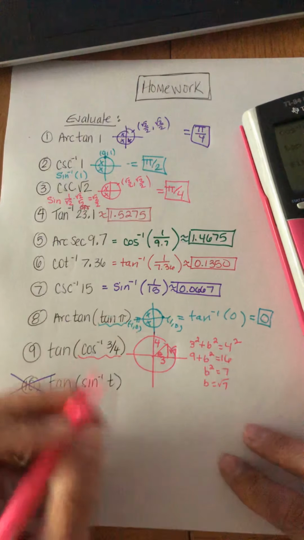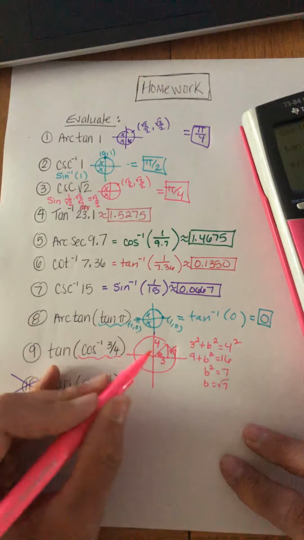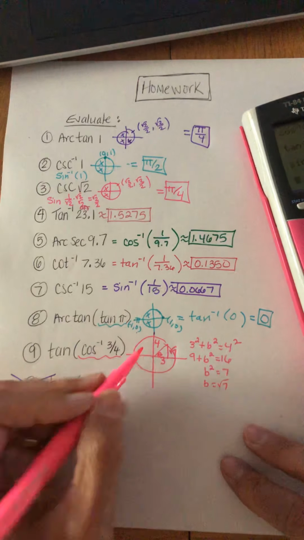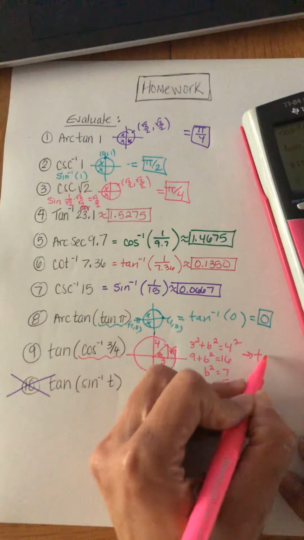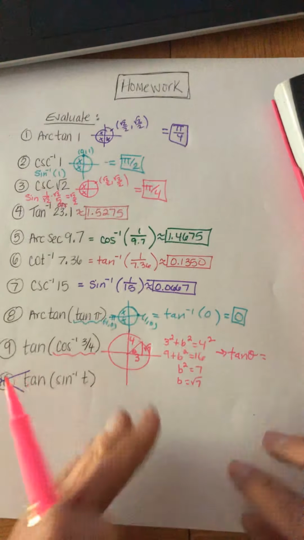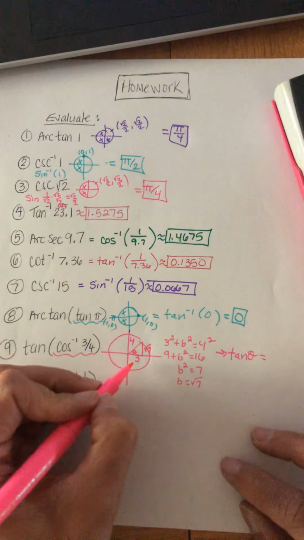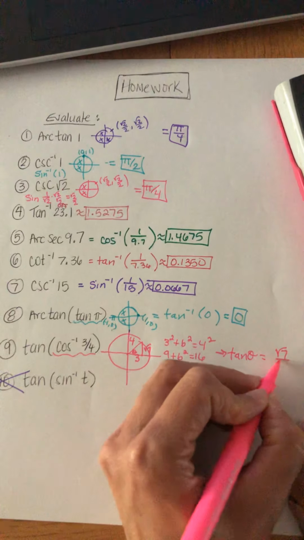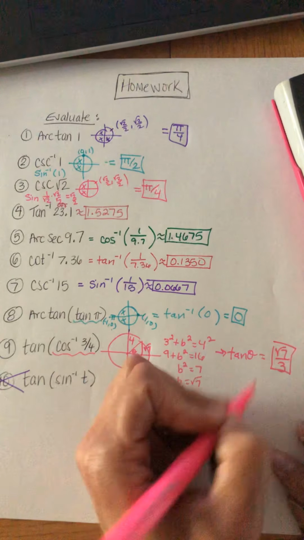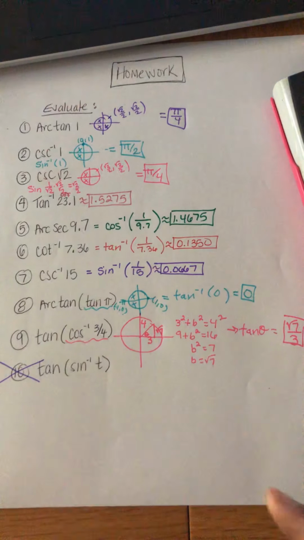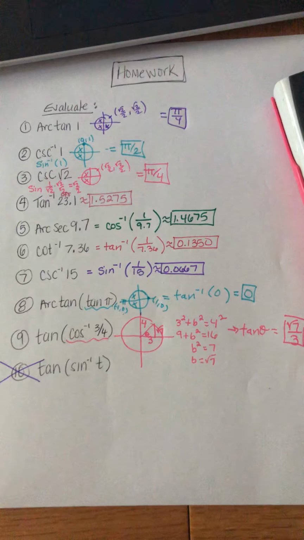We had to use this information to figure out what this is giving us, and now we can take the tangent of that theta. Tangent is opposite over adjacent, so tangent of theta is square root of 7 over 3. Okay, and that's the last one.